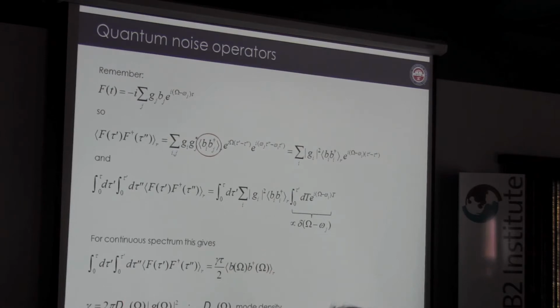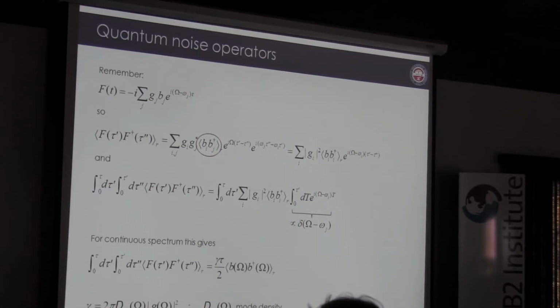And so this coupling constant, this decay, ends up being the dissipation constant for my system, and that's related to the density of states in the reservoir at that frequency. So that's the number of channels. You can think of it as the number of channels into which a phonon from my system can scatter to the reservoir. And then this coupling strength, right? The stronger the coupling between the system and the reservoir, the faster this dissipative process will happen.